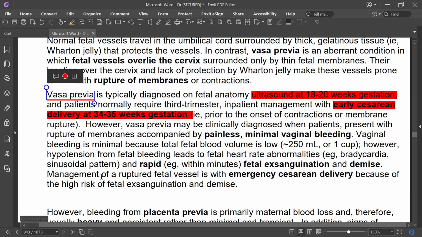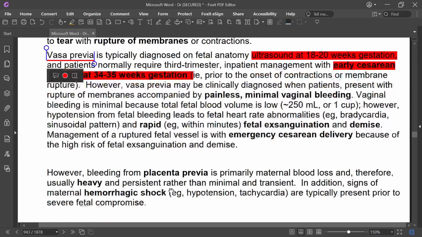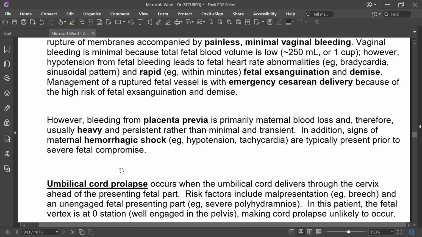However, hypotension from fetal bleeding leads to fetal heart rate abnormality, bradycardia, sinusoidal pattern, rapid fetal exsanguination and demise. Management of ruptured fetal vessels is emergency cesarean delivery because of the risk of fetal exsanguination and demise.